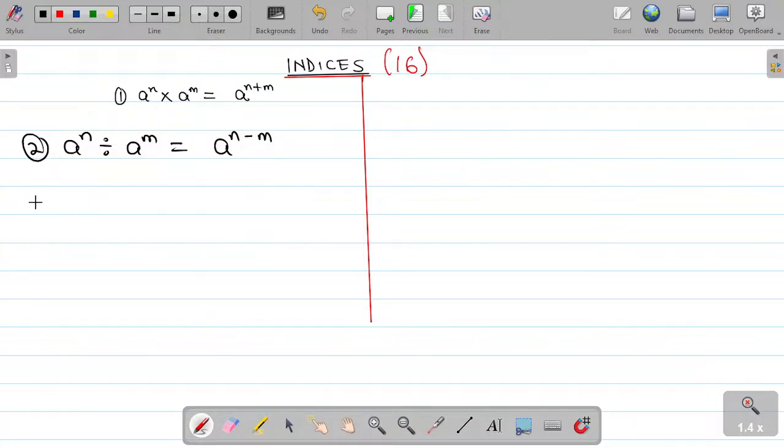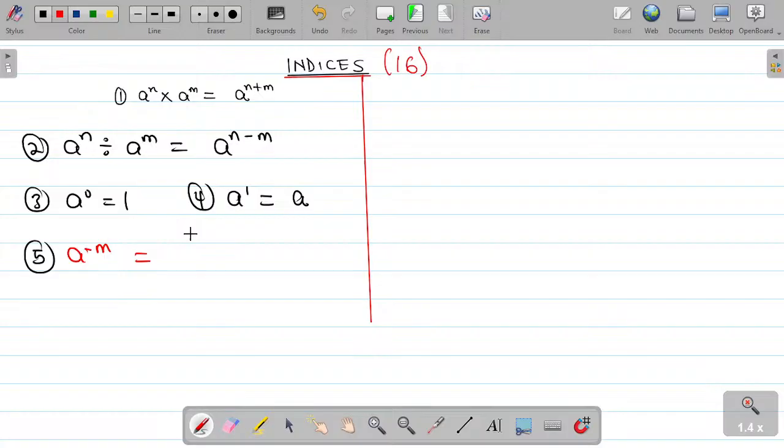Number 3, if you are given anything to the power of 0, it is equal to 1. Number 4, a to the power of 1 is the same thing as a. Then number 5, if I have a to a negative power, once the power is negative, it is the same thing as the reciprocal of the positive power.